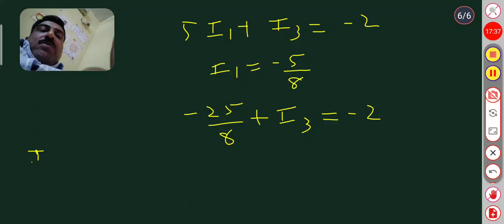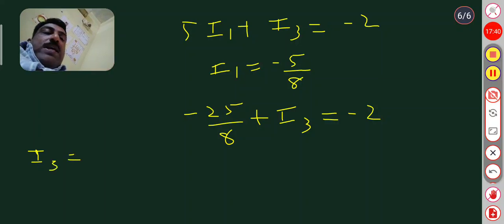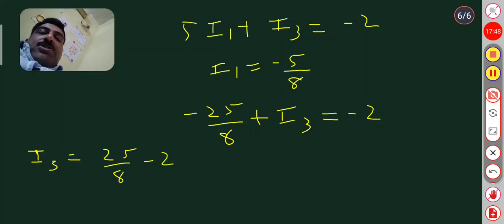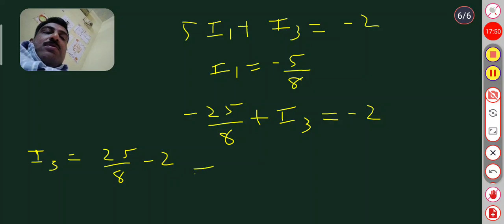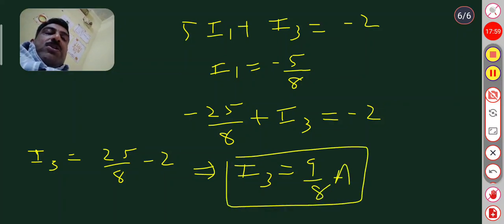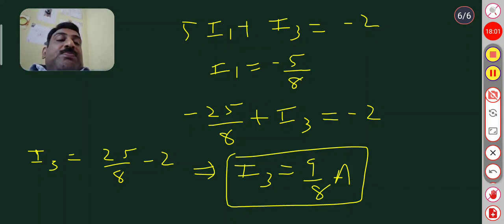I3 is equal to 25 by 8 minus 2. 25 minus 16 is 9 by 8. So I3 is equal to 9 by 8 ampere. So you got I3, you got I1.